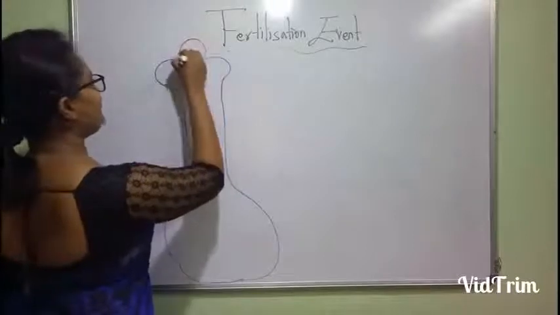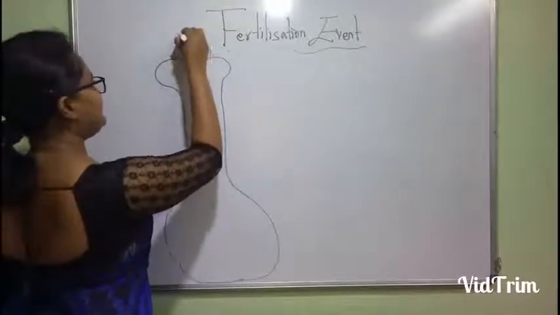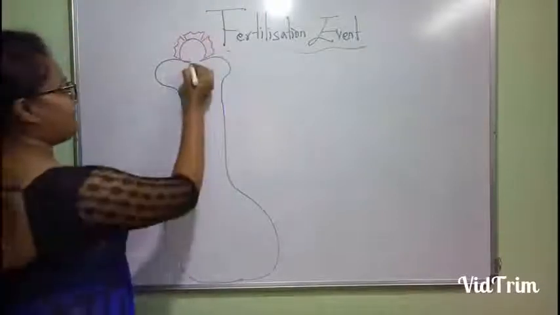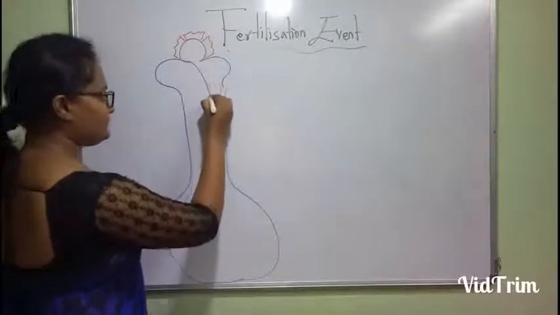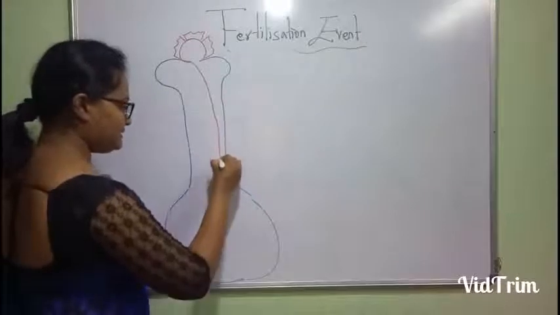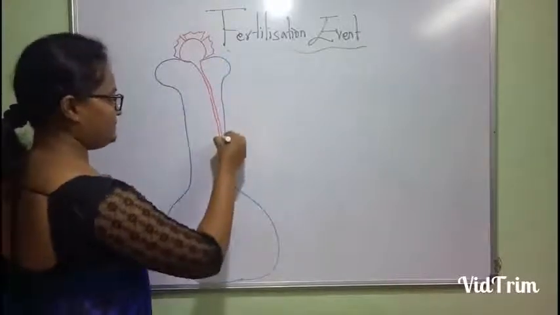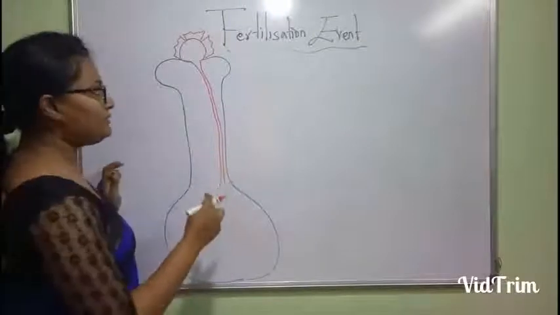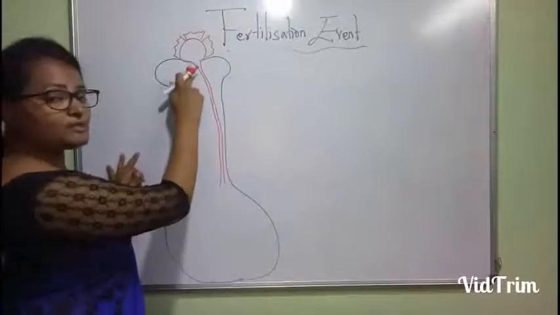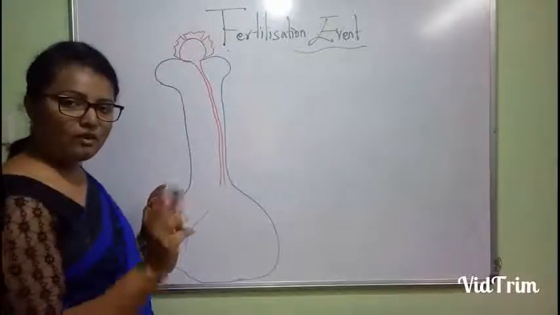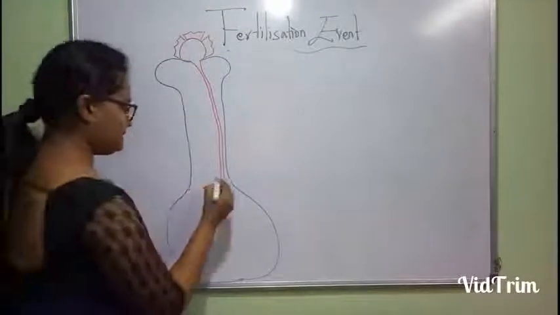This pollen grain landed, interaction completed, and it even germinated. Like this the pollen tube will be formed from the germ pore portion, which now contains the two male gametes and the vegetative nucleus.